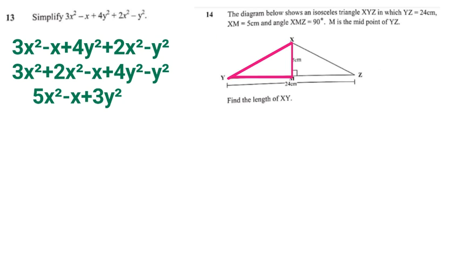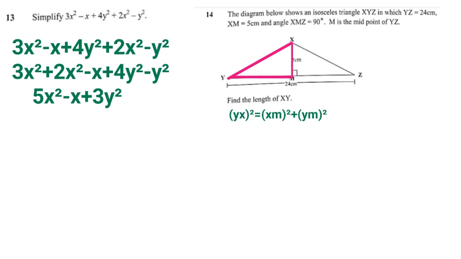Which means we're going to have YX squared is equal to XM squared plus YM squared. Okay, so that is the formula we're going to use, and that is Pythagoras theorem.